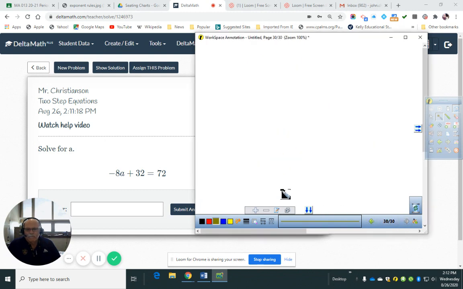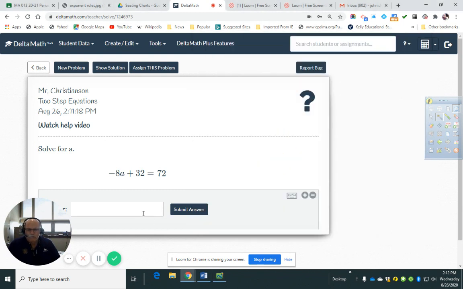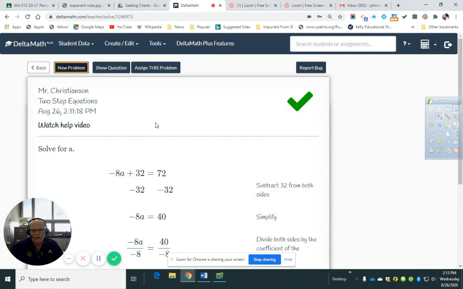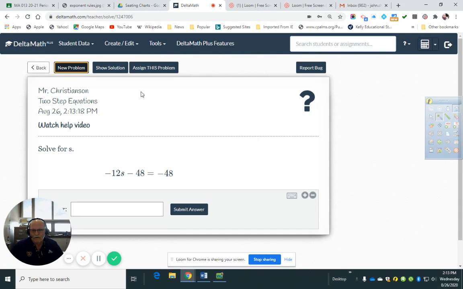So when I'm thinking about that, let me put that in. Now, when you're entering these answers next week, you don't put x equals or a equals or anything like that. You just put the answer. So that was negative 5. And then submit. Okay, and then that'll come up. And then you can go on to a new problem.